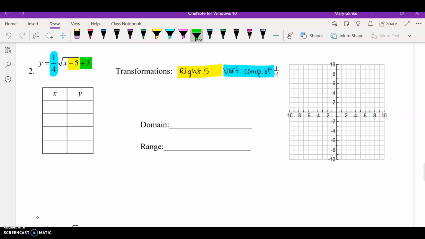And the plus 3 at the end is going to move your graph up 3. So we're going to take 0, 1, 4, and 9. Those are the ones you have to memorize for your x values. And we're going to add h to them, which in this case means we're going to add 5 to them.